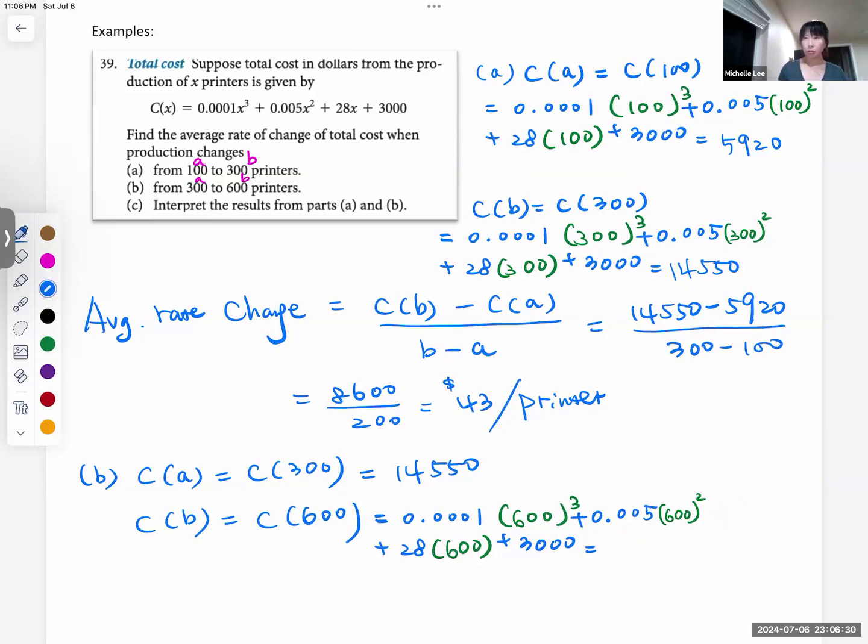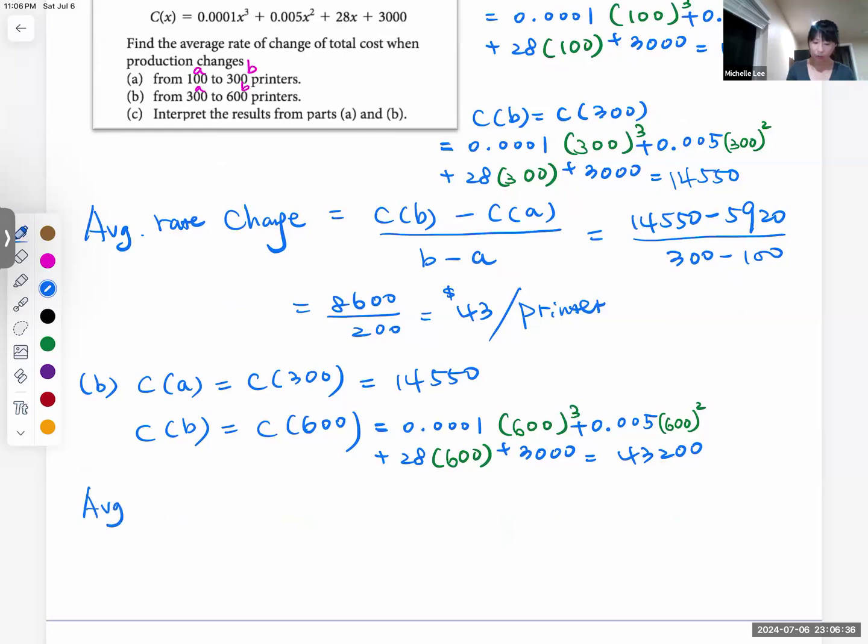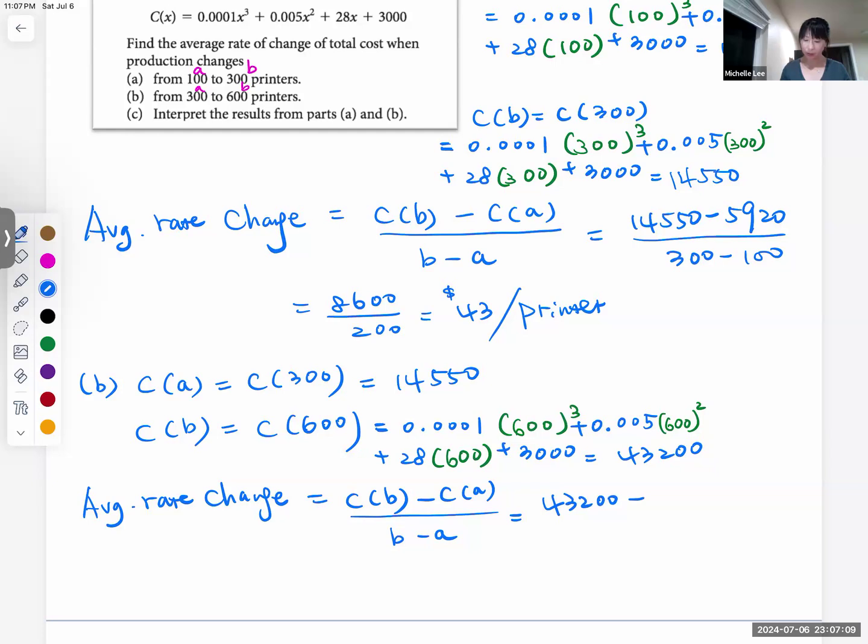So we get 600 is 43,200. So average rate of change is C of B minus C of A over B minus A. So we have 43,200 minus C of A, 14,550 over 600 minus 300, right?